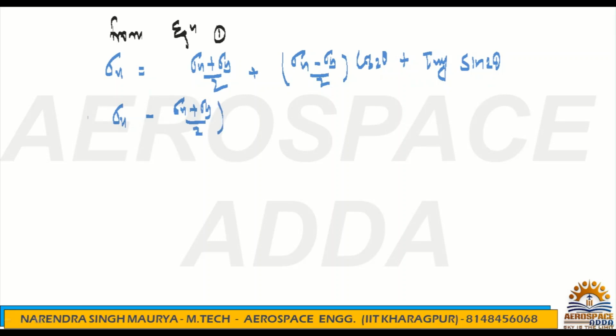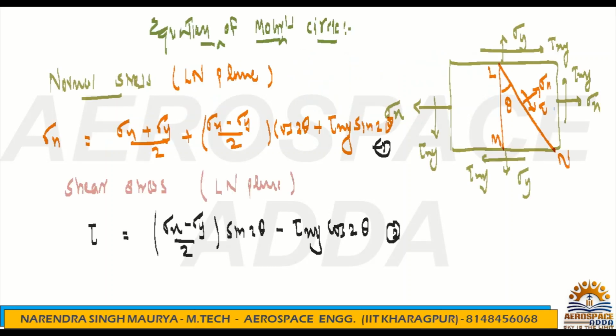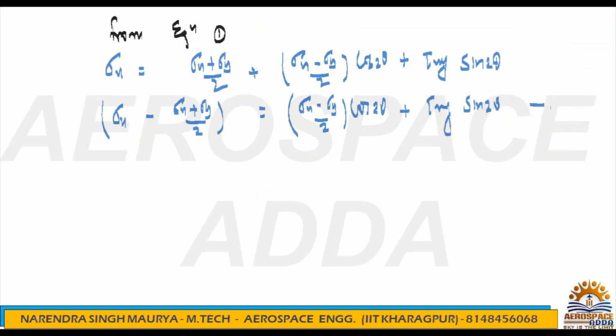So this will be the value, and here on this side it is sigma x minus sigma y by 2 cos 2 theta plus tau xy sin 2 theta, right? And you just say this is equation number 3.